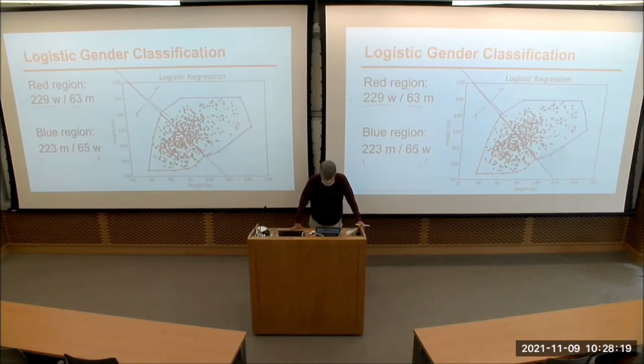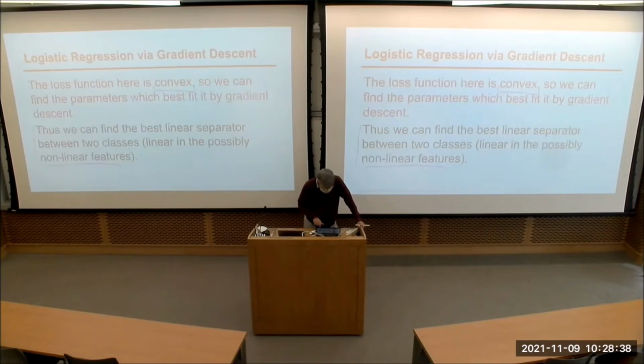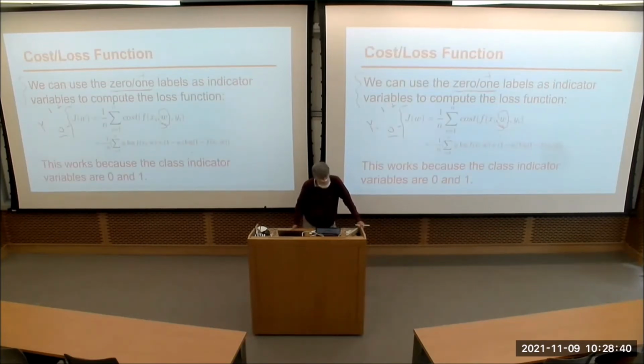Any questions of how we can use linear logistic regression to find a separating boundary, a binary classifier between two things? Yes. J of W was the error function. Yes. So we need to calculate the derivative, the gradient.